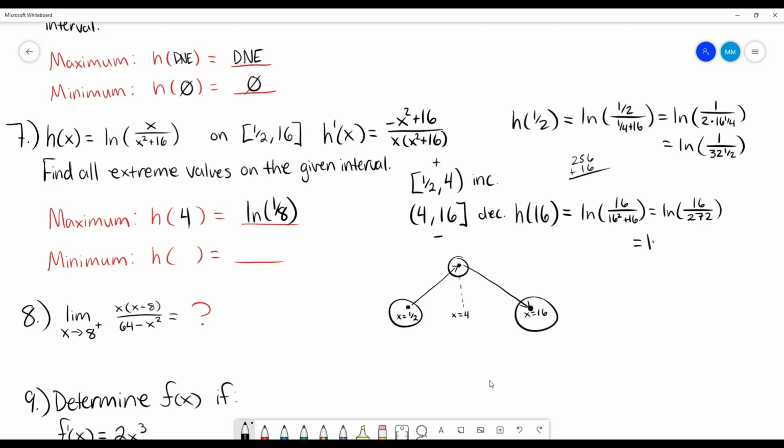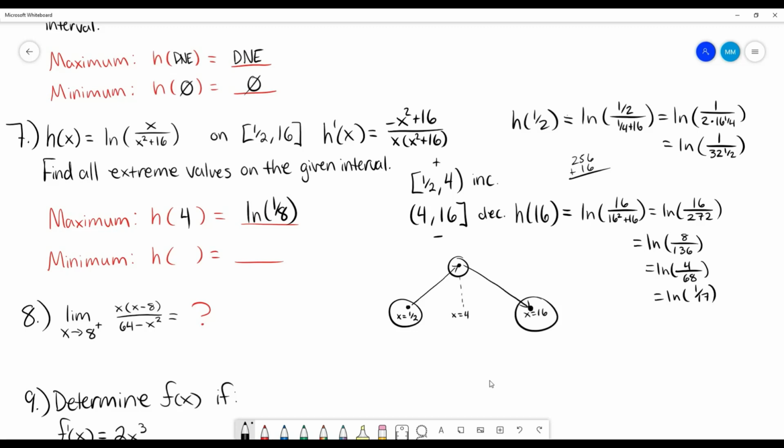And I am going to reduce that a little bit. So it's going to be 8 over 136, 4 over 68, I think. Yep. Which is the natural log of 2 over 34, or 1/17.